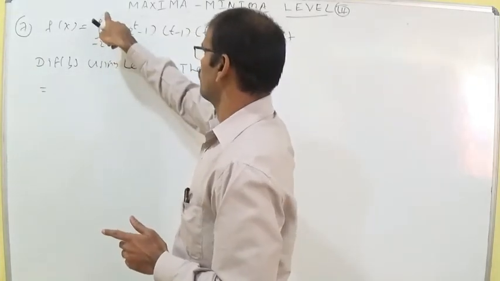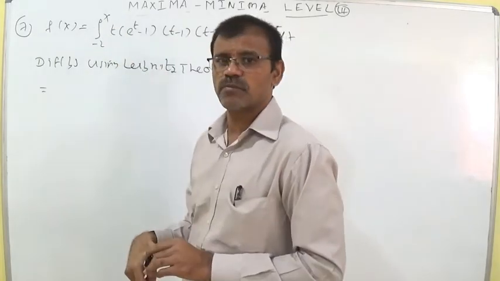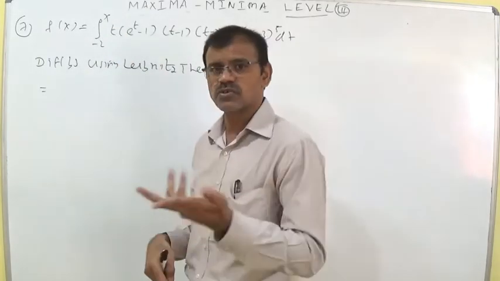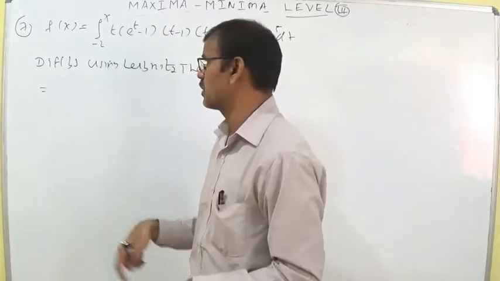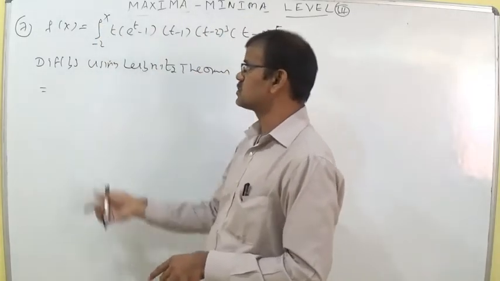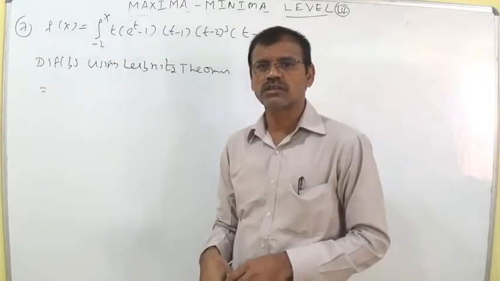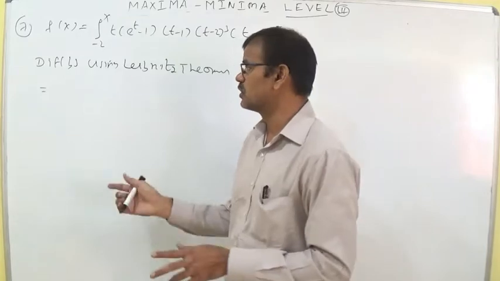Whatever the upper limit is, simply substitute the value and calculate the derivative of the upper limit. The derivative of x is 1, so no need to calculate, simply write 1. Instead of t, substitute the value x. Then minus, substitute 2 here and calculate the derivative of 2. What is the derivative of 2? It is 0, so no need to write that one.